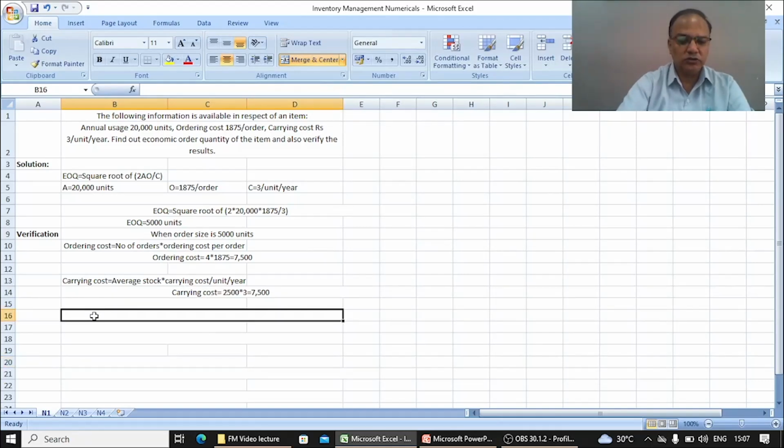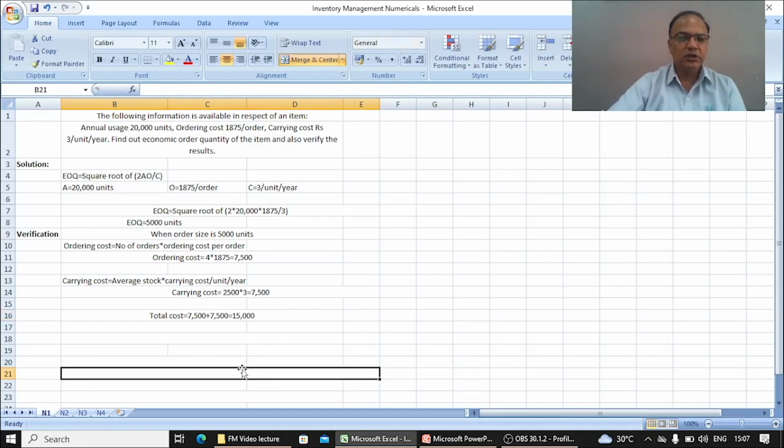And total cost is equal to carrying cost plus ordering cost, which is 7,500 plus 7,500 is equal to 15,000.